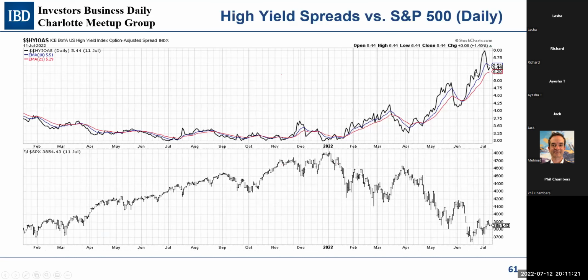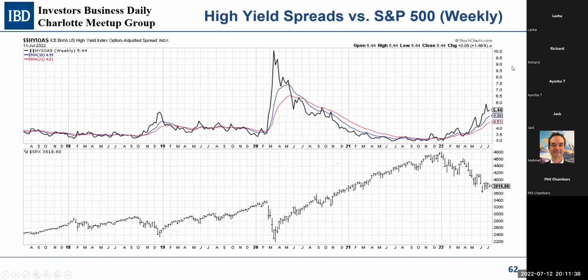Okay, and high yield spreads, we talked about this a little bit earlier, a signal of credit risk, a signal of recessionary risk and over leverage. And this spiked quite a bit at the end of June, and it's come in a little bit since. But I think the interesting context is looking at it more long term, and you'll notice here it's exceeded this 2018 level.